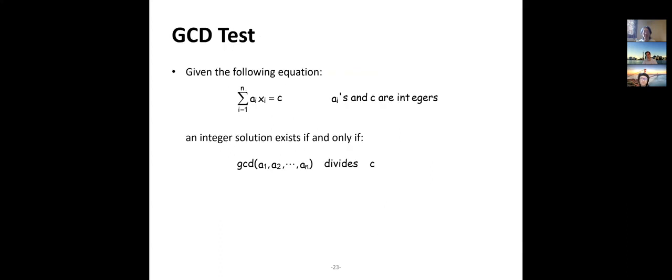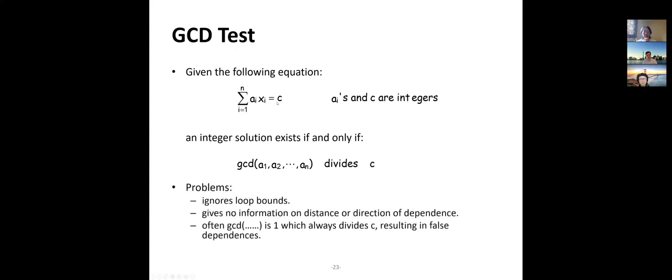Another common one is GCD, which you probably remember from high school. So given the following equation, you want to find integer solutions, and they exist if and only if the GCD of A1, A2, and AN divides C. So that's the condition for the solutions to exist.